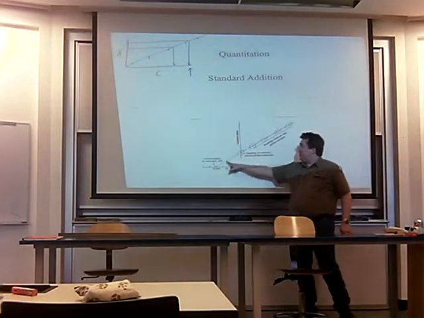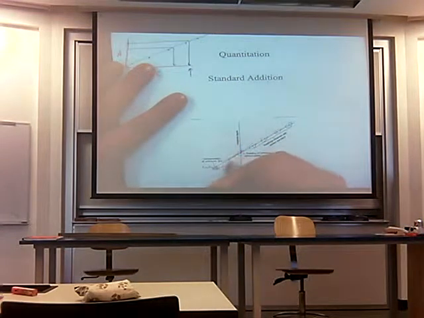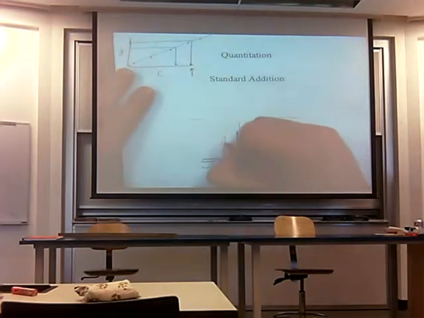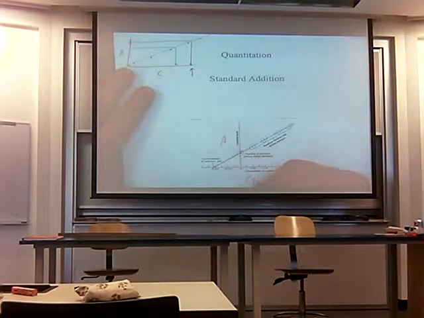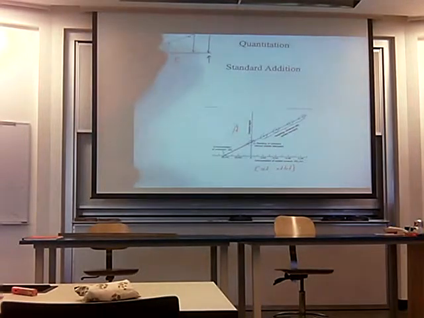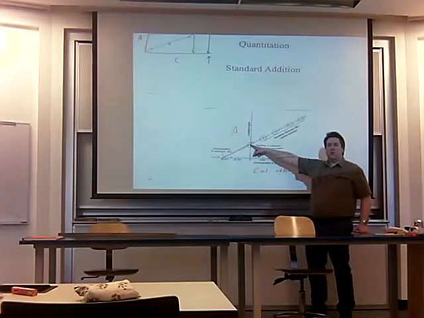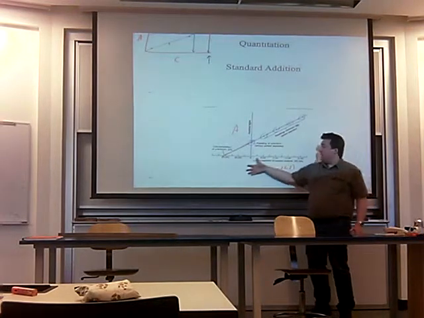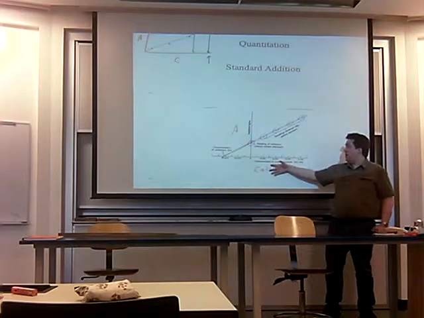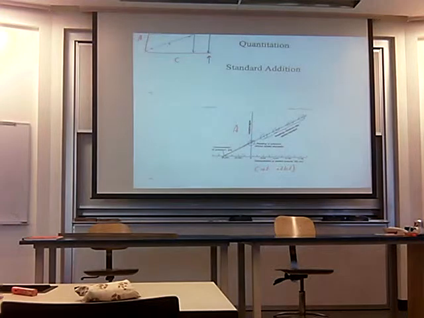If we then extrapolate, this is absorbance on the y-axis, this is concentration of standard added on the x. Not overall concentration, because we don't know the overall concentration. We might have an idea of what the unknown is, but we don't know precisely what we're trying to figure out. So we plot on the x-axis the concentration of the amount of standard added. That we do presumably know accurately and precisely.